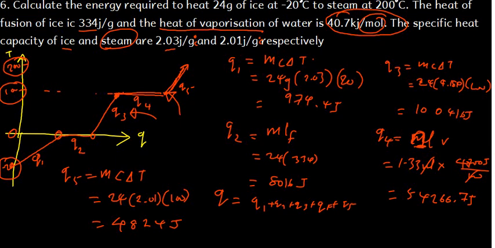I'll start with the last one, 4824, plus 54266.7, and then plus I go to the third one, which is 10,041.6, and then plus I go to this one, which is 80.